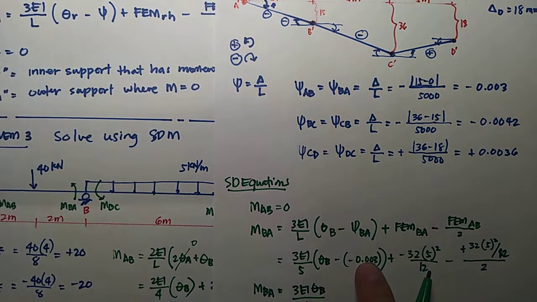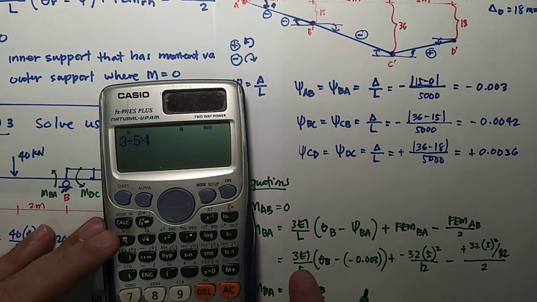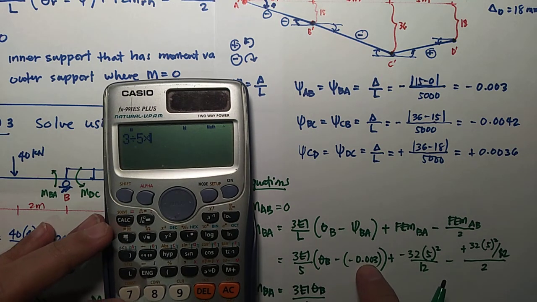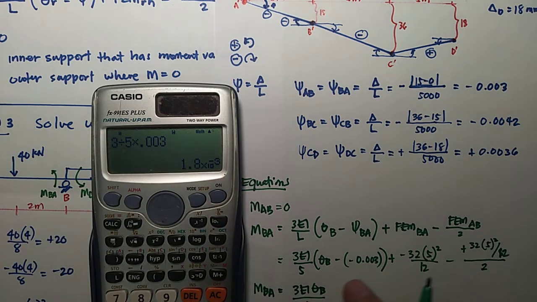So, this one when multiplied, so 3 over 5 of 0.003. So that is negative is positive. So positive 0.0018 of EI.